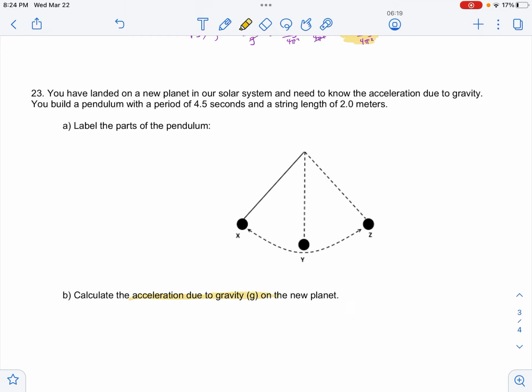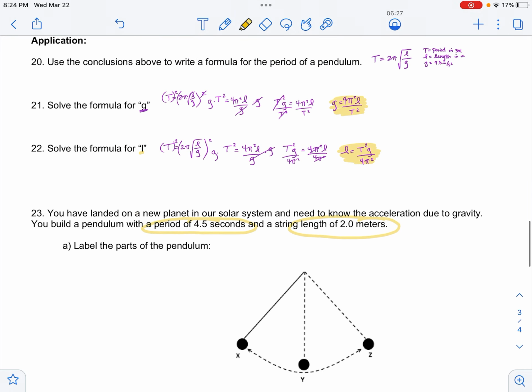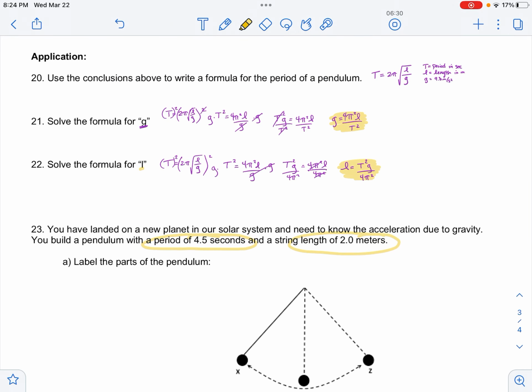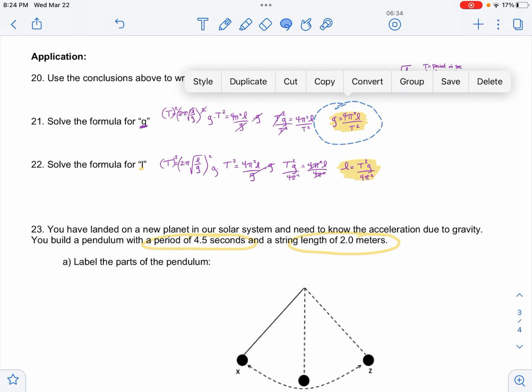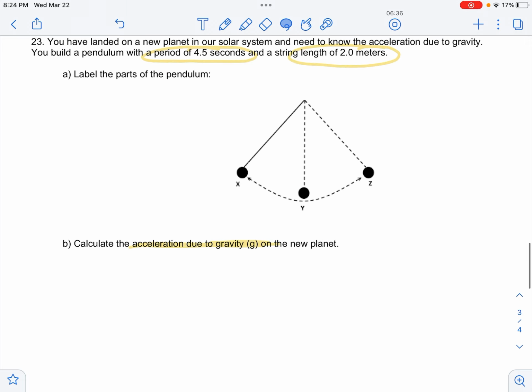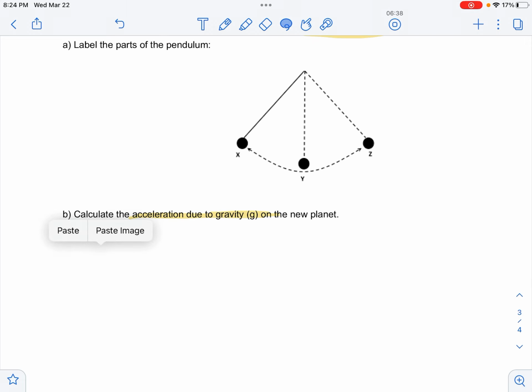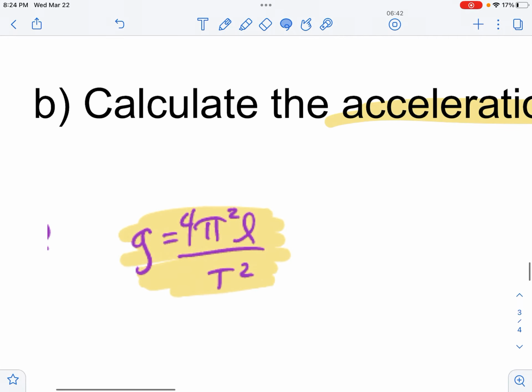And up here in the first problem, it tells you the period is 4.5 seconds and the string length is 2 meters. So if we look back up at what we solved here, the formula that we need to use is this. Right? This is the one that's going to help us find G.